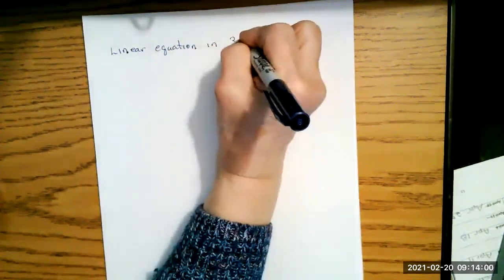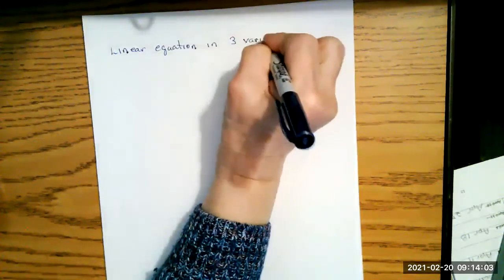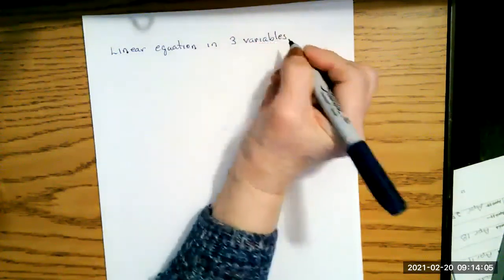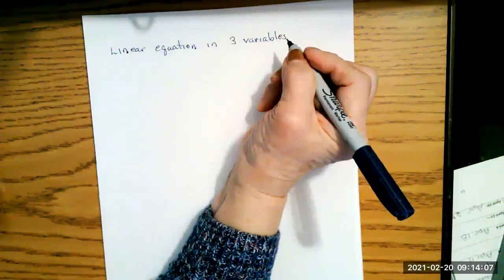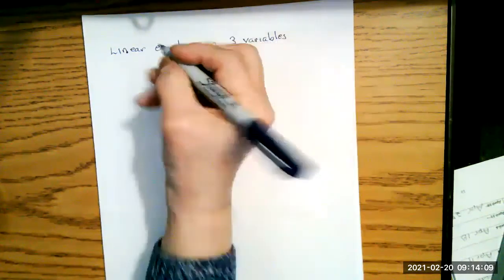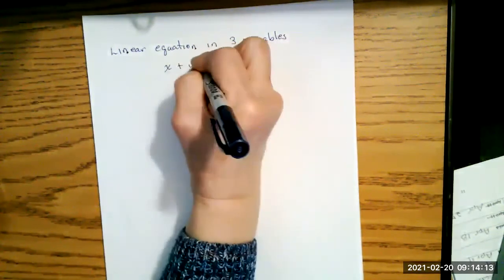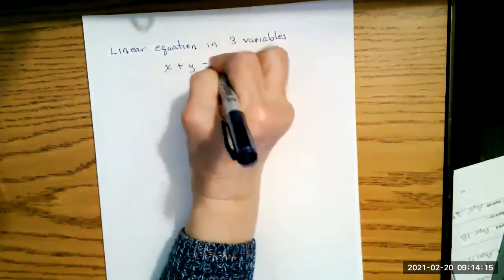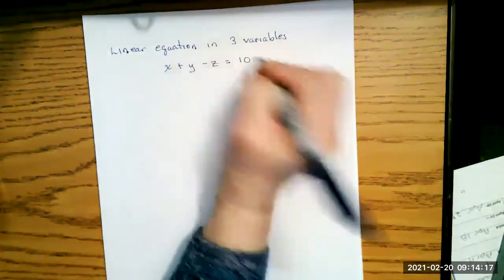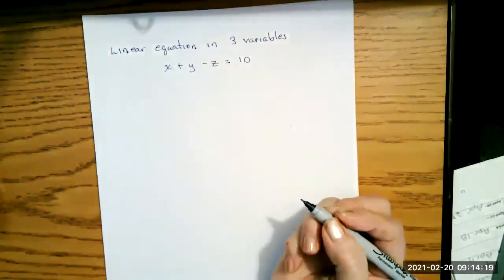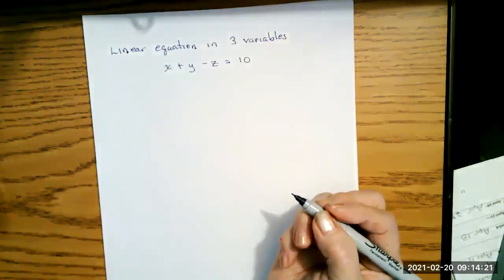So it will say a linear equation in 3 variables. And they want you to know that there's an x, and there's some y, and there's some z, and it's equal to some number. That gives us the 3 variables in the equation.